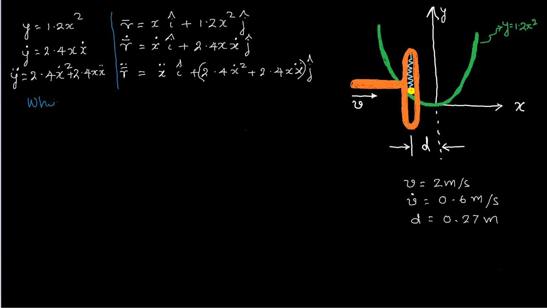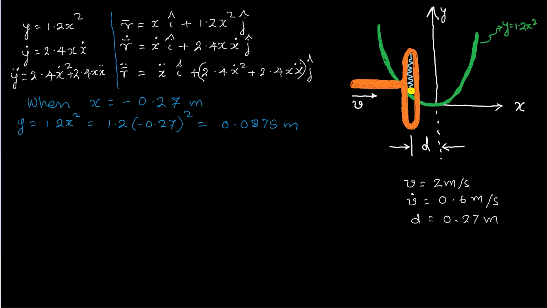When x is equal to negative 0.27 meters, our displacement y is equal to 1.2 x squared, which is nothing but 1.2 times minus 0.27 squared, and it will come out to be 0.0875 meters. Now this we can write in vector form.